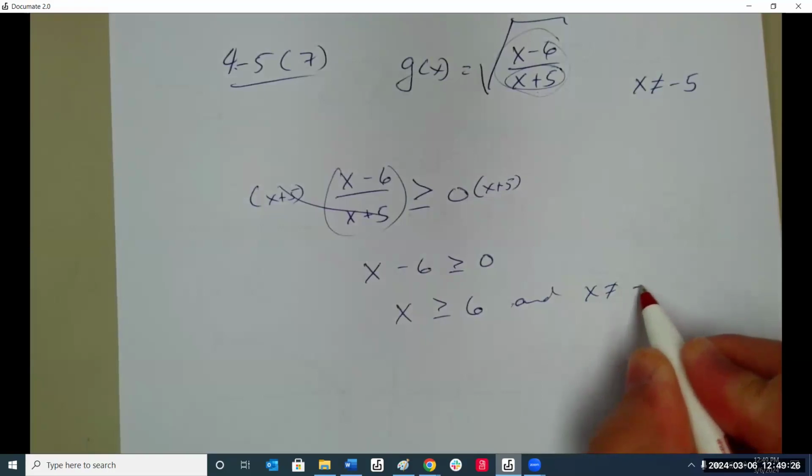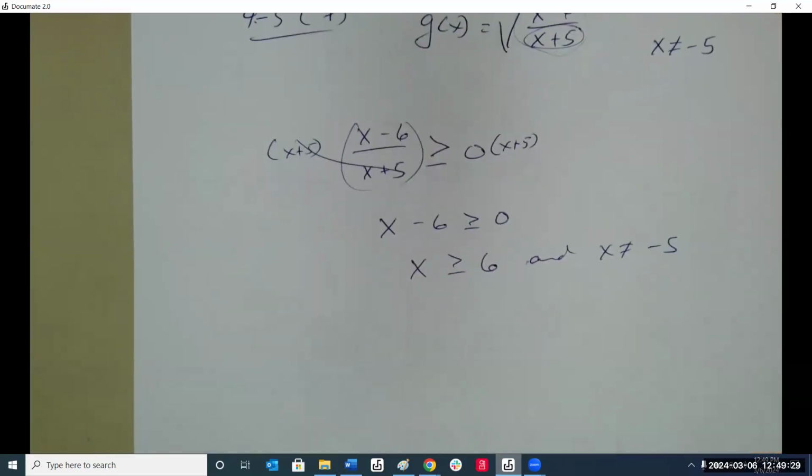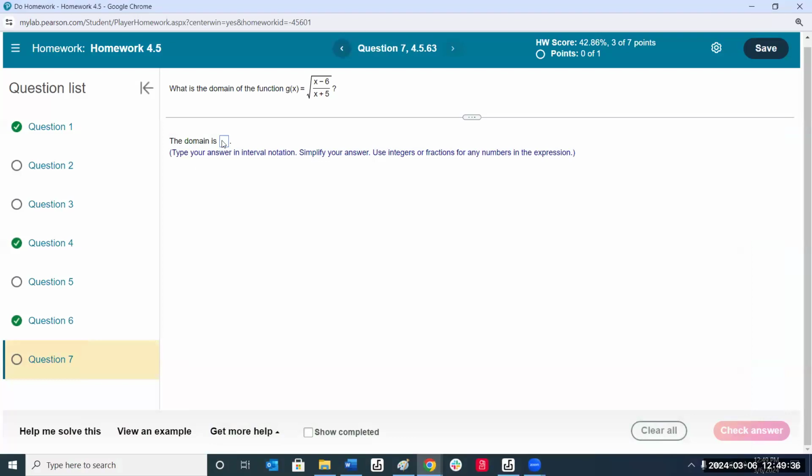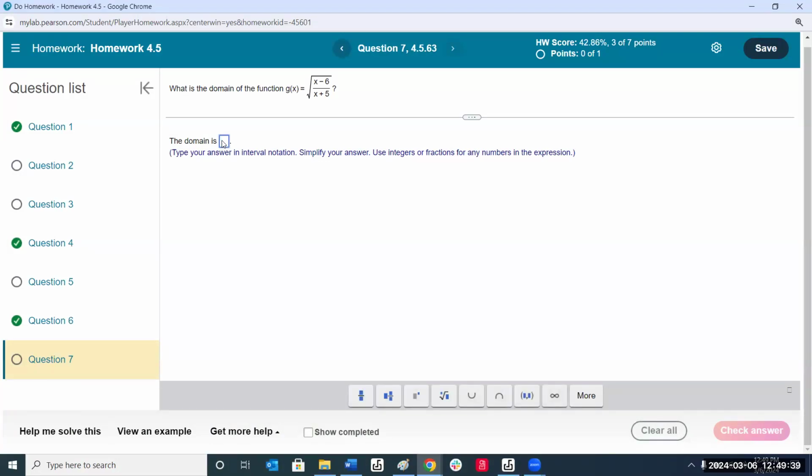And x cannot equal -5. So the domain is 6 to infinity. Well, yeah, -5 is not in there, so it doesn't matter.